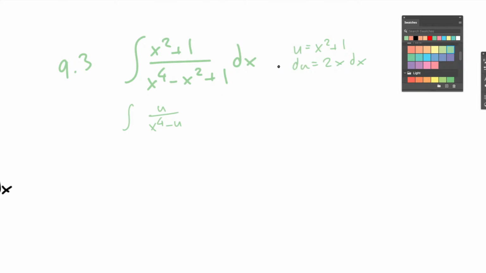Because we could... What I want to try to do is, so if I did this, that would become u minus 1 equals x squared, right? And then u minus 1 squared equals x to the 4th. And then that becomes u over u minus 1 squared minus u du or dx. Now the dx is the problem.